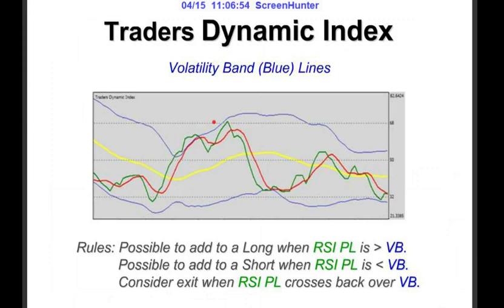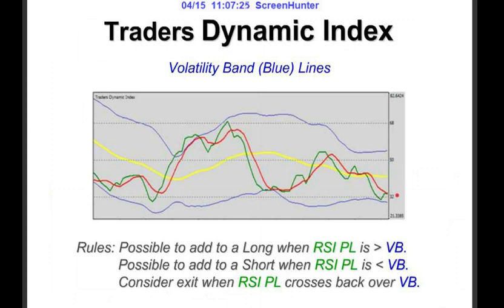If the green line breaks the low blue volatility band, and in this case right here it did not, but let's say, for instance, that this blue volatility band squeezed up a bit higher, and the green line came through, and we're between the 50 and the 32, typically that's going to indicate a potential strong trade to the downside. There's so much more movement or momentum to the downside still available because we're between that 50 and 32.